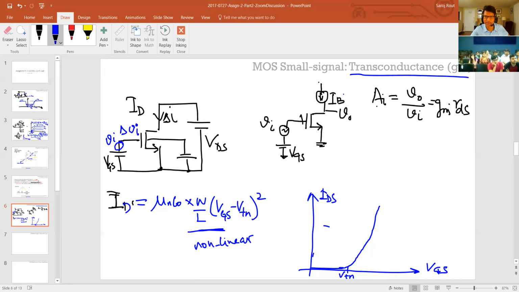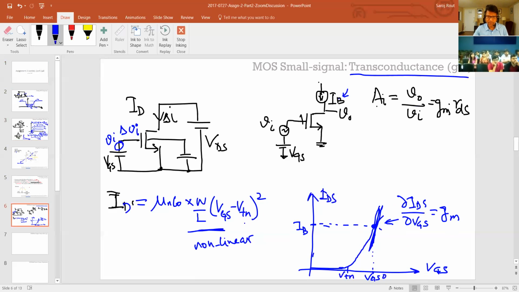So for example, in this case, I apply a bias current IB. So that'll be my operating point, some equivalent VGS0 here. So I need to linearize around this point, and that is nothing but your dIDS versus dVGS, and that term we call the transconductance or GM. That's the small signal model, right?